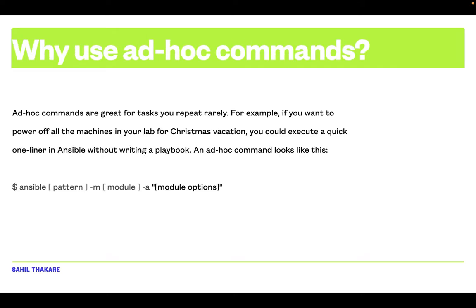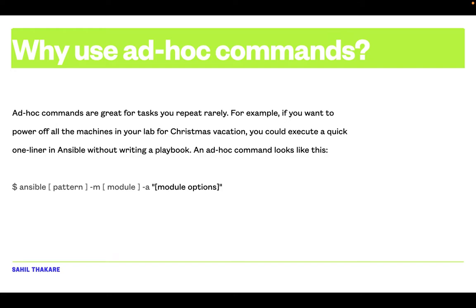So how and why do we need them? As I have mentioned, when you want to do some task that is just a one-liner, like installing a small package, or rebooting your servers, or testing if your client machine is available or not. So how are we going to write this Ansible ad hoc command?